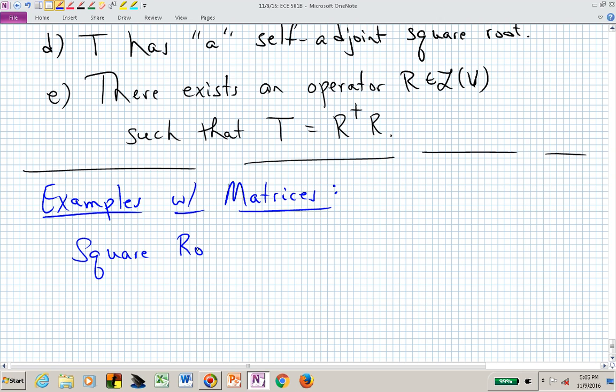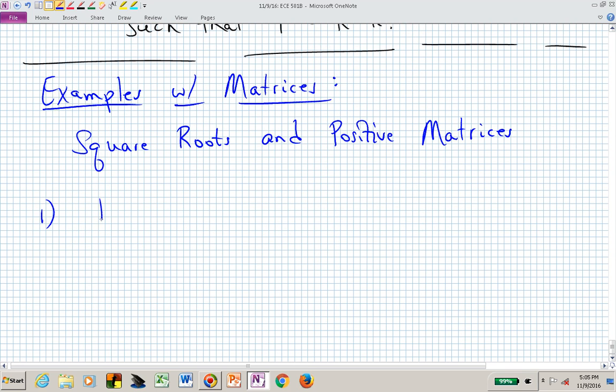And here, let's start with square roots and positive matrices. Suppose the first example is T1 is equal to 1, 0, 0, 0. Can you think of a matrix, let's call it R1, which when multiplied by itself produces T1?